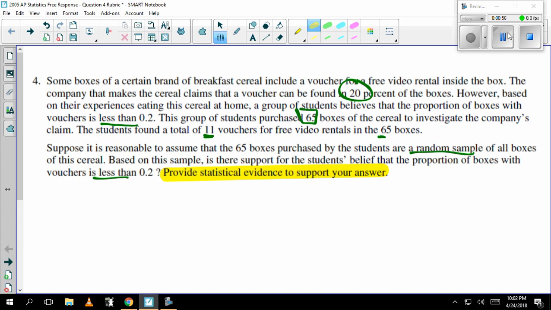This question will be divided essentially into 4 parts. We've got the part where we set up the problem, the part where we check the conditions for the problem, the part where we do the mathematical work for the problem, and the part where we do our conclusion in context.